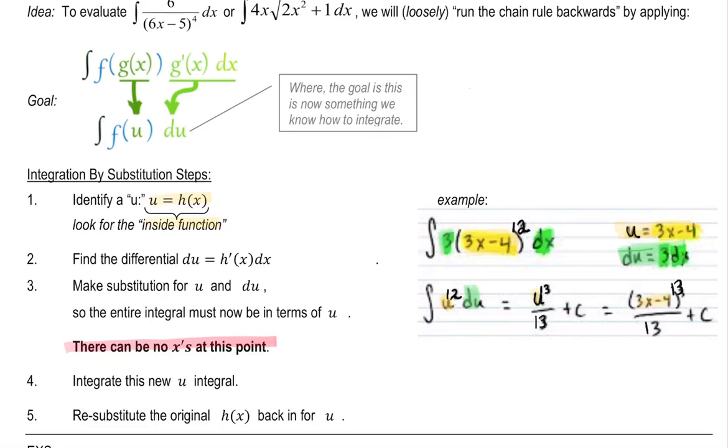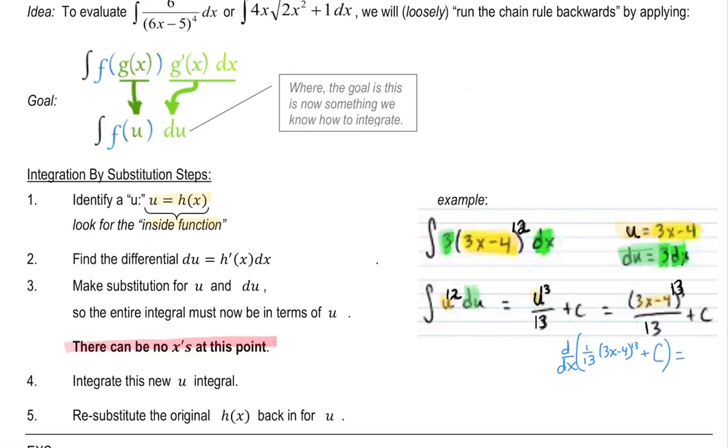And then just one other thing, when we're done, we can always do a little check if we want to see if we get back to the original function. So if I take the derivative with respect to x of this 1/13th 3x minus 4 to the 13th power, of course plus c, but the derivative of c is going to go to 0.